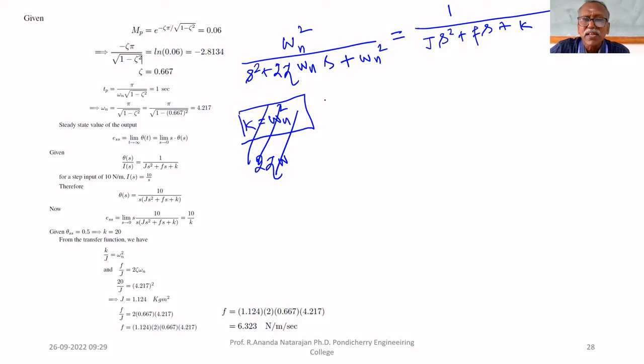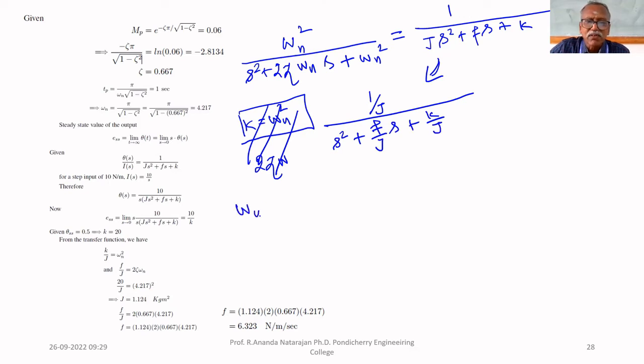Here the coefficient of s square is not equal to 1, so we have to rewrite this as 1 by J divided by s square plus f upon J s plus k by J. Omega n square equals k upon J. One equation we got. 2 zeta omega n equals f by J.